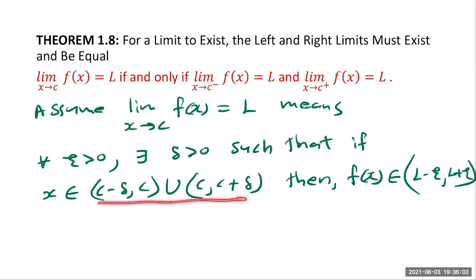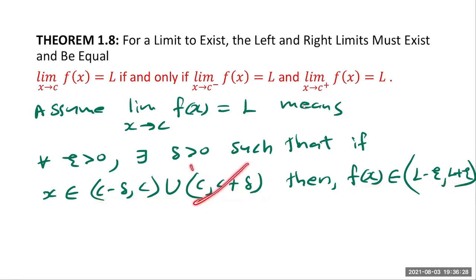when x is in this big set, if your f of x falls in this interval, how if I chop off one piece? Should that still be true? That should be true, right? Because for all x in this delta punctured interval, your f of x should fall in this interval.